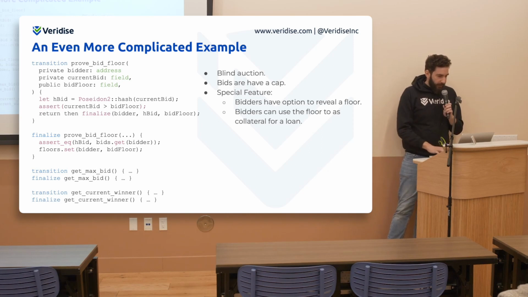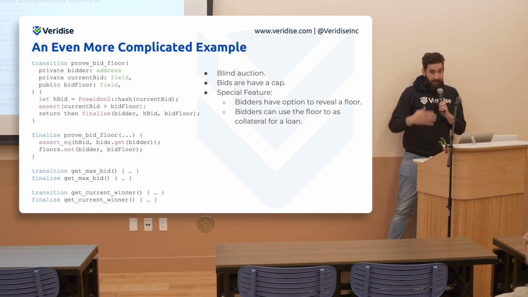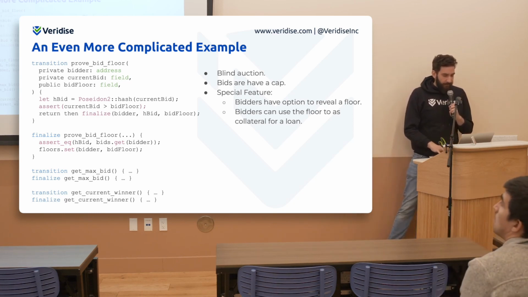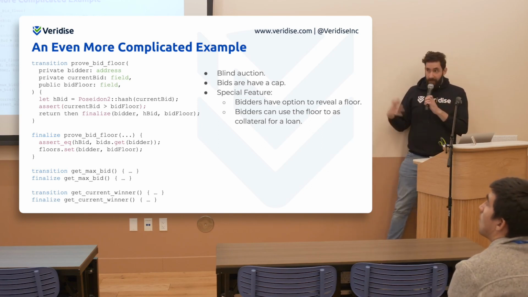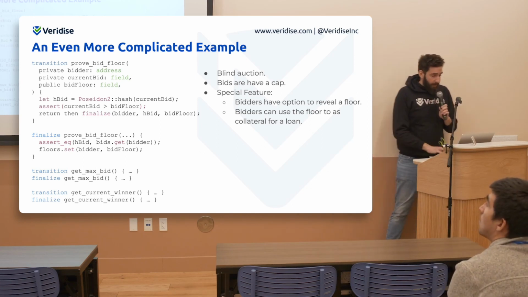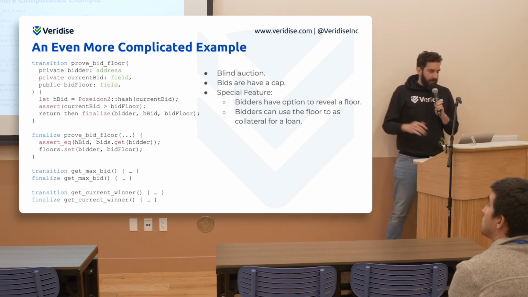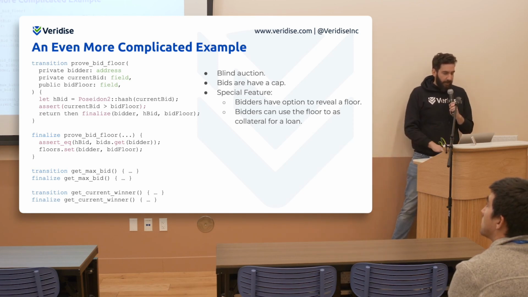This transaction does exactly this. We don't reveal our current bid, we just hash the current bid. Then we assert that our current bid is larger than a floor, and we call finalize with the hash of the bid and the floor.